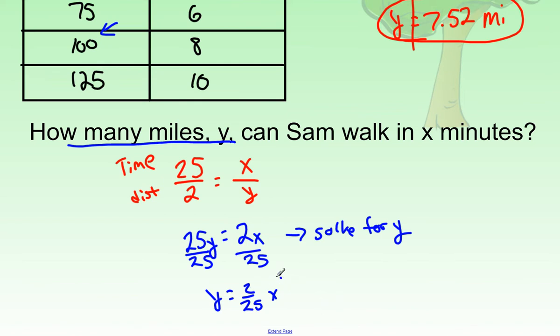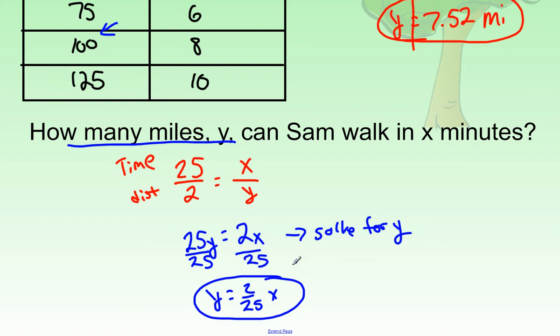Basically what this does for us is if we were given any amount of time that he walked, if he walked for 10 minutes, I could throw a 10 in there, times it by 2/25, boom, I get my answer. If they said he walked for 4 hours, well, 4 hours times 60 minutes an hour is 240 minutes. Again, just plug it in, multiply, you got yourself an answer.